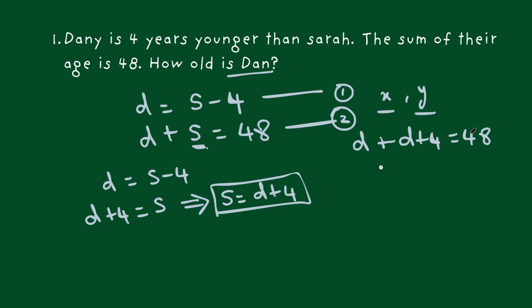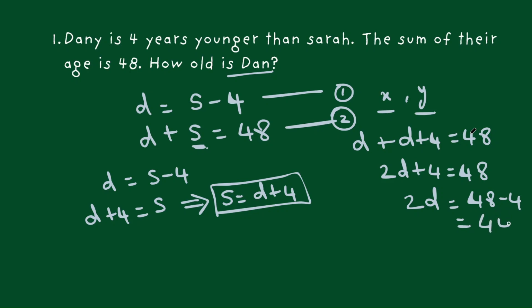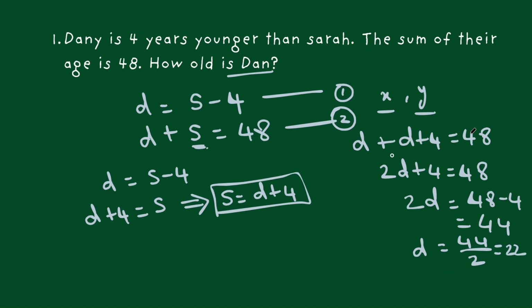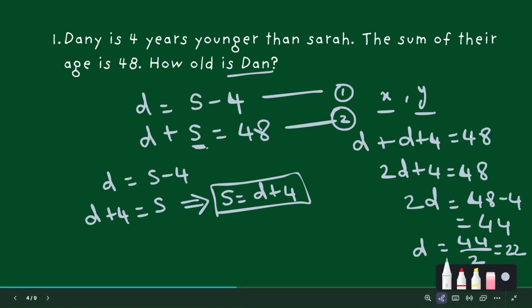So here we have 2D + 4 = 48. What can we do now? 2D = 48 - 4, that is 44. So D = 44 divided by 2, that is 22. So that is the age of Danny. What is the age of Danny? 22. So this is how we can find the answer.